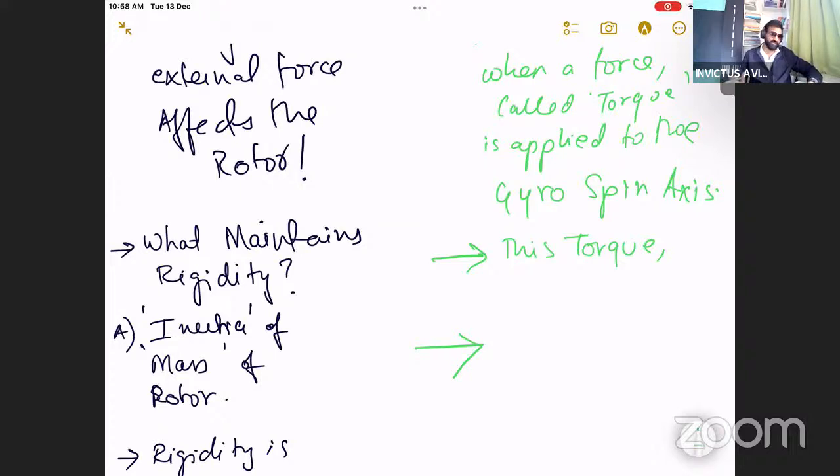Precession will always act, open a bracket, to cause the deflection, close the bracket.